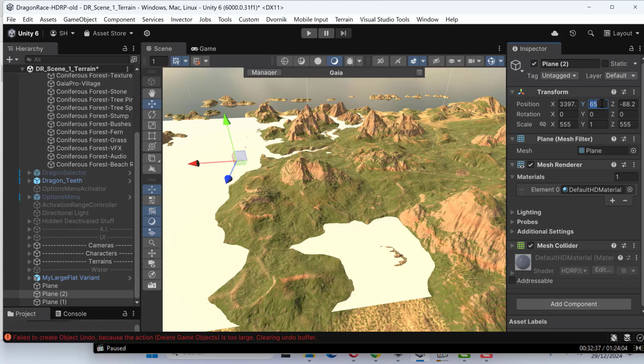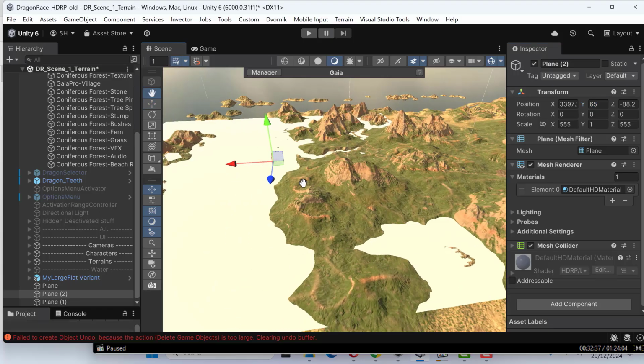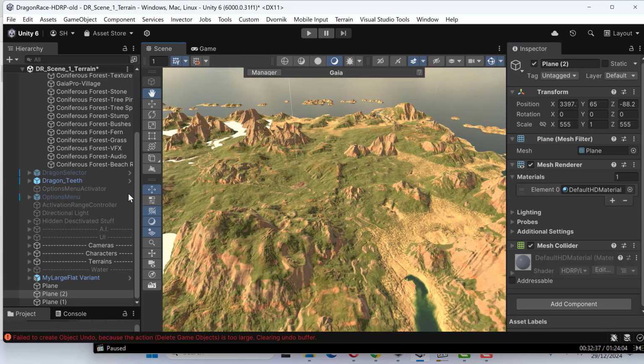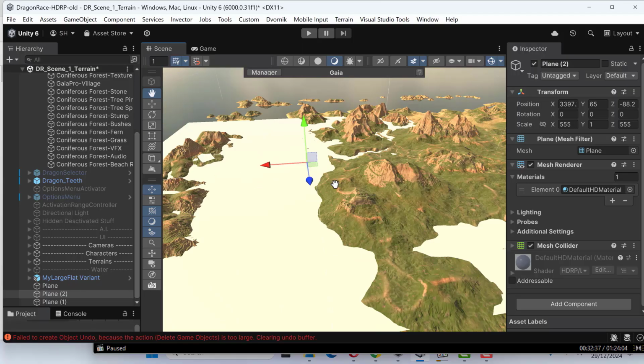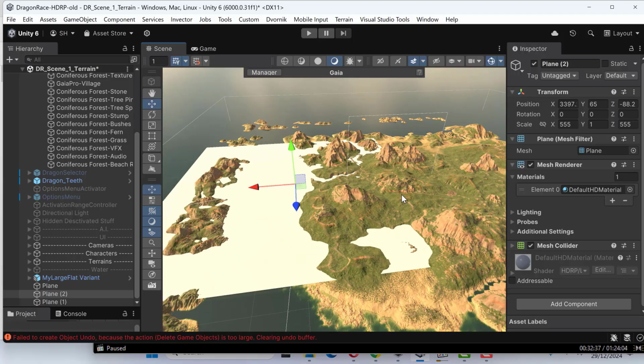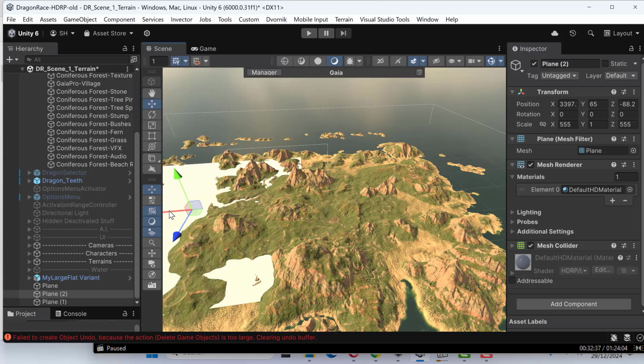Oh no, it's 65. So that's 65. Is that bit included in that?